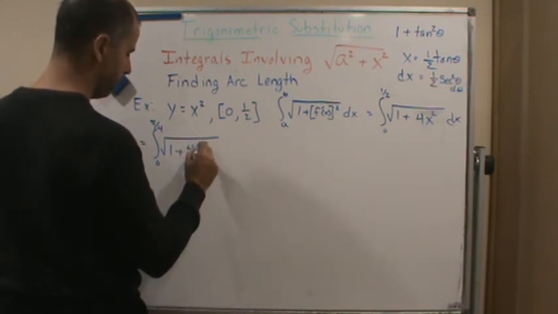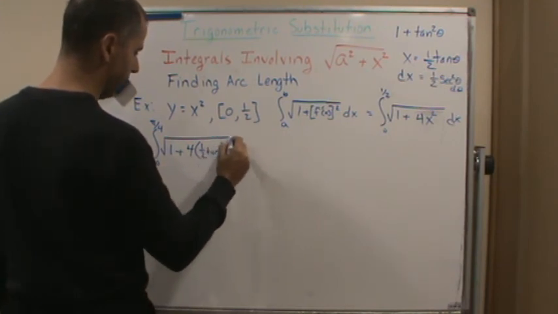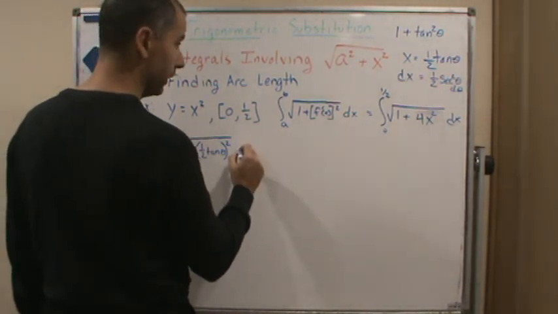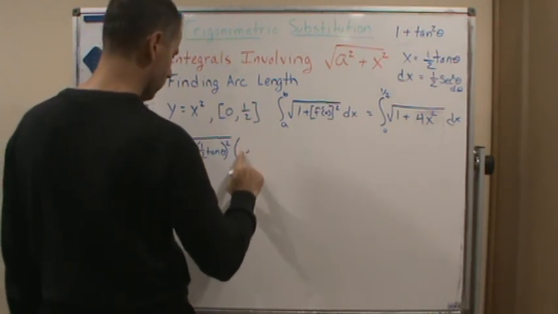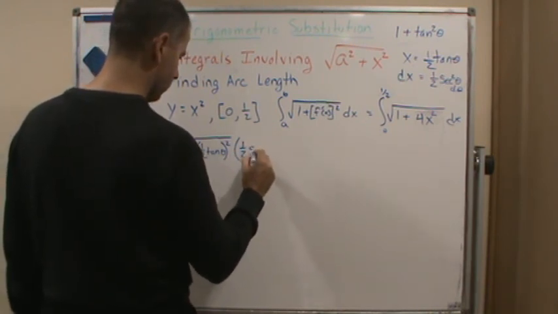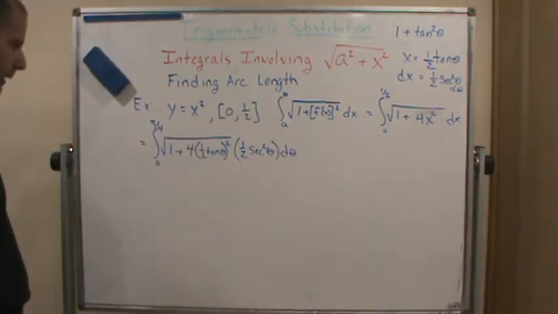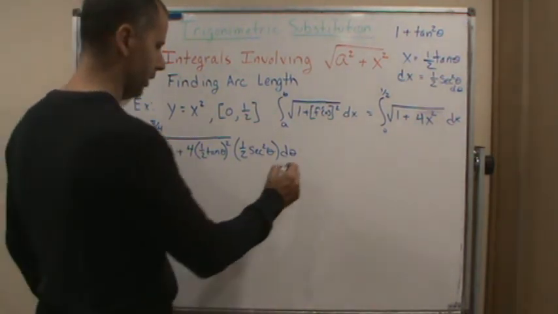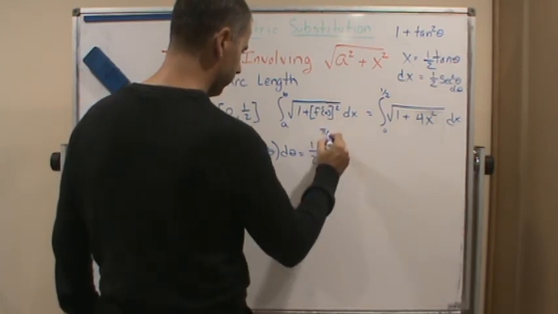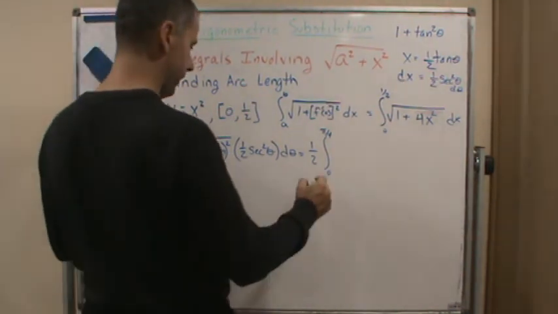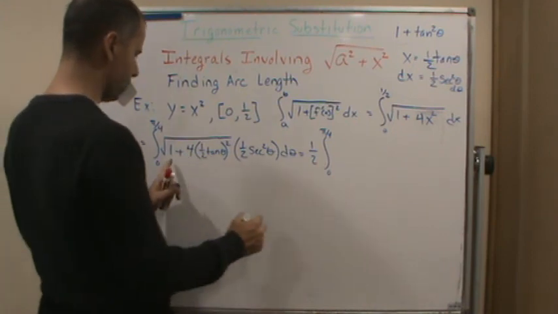So we're going to have 4 times 1/2 tangent theta squared, and then dx is going to be 1/2 secant squared theta d theta. Now I'm going to pull the half out here. So this is going to equal 1/2 the integral from 0 to pi over 4 of this. Now I'm going to distribute the 2, so this is going to be 1/4 tangent squared.